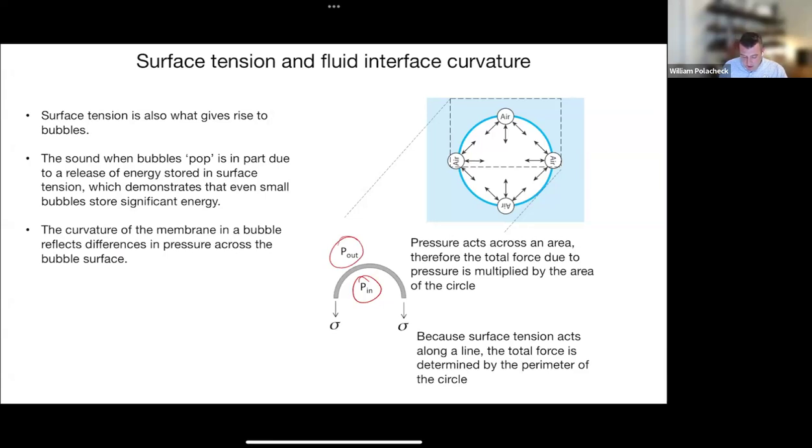And the difference in these pressures is due to the fact that surface tension is acting along the air-liquid interface, in parallel to the air-liquid surface itself. And the important point here is that the pressure differential that can be maintained for a given magnitude of surface tension, which is dependent on the air-liquid interface itself, is inversely proportional to the radius. So in other words, very, very small radii of bubbles or other air-liquid interfaces lead to very high differential pressures from inside to out.